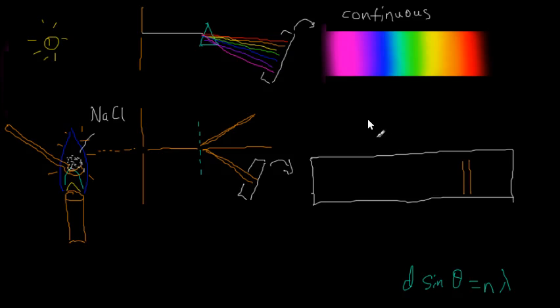It's called a line spectrum, as opposed to the continuous spectrum of sunlight. So this is called a line spectrum, and in fact it is observed for many other compounds and elements.